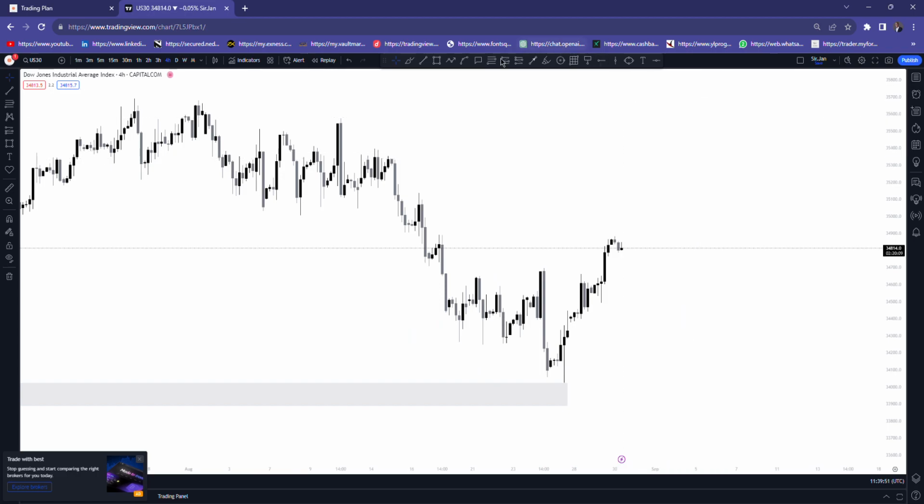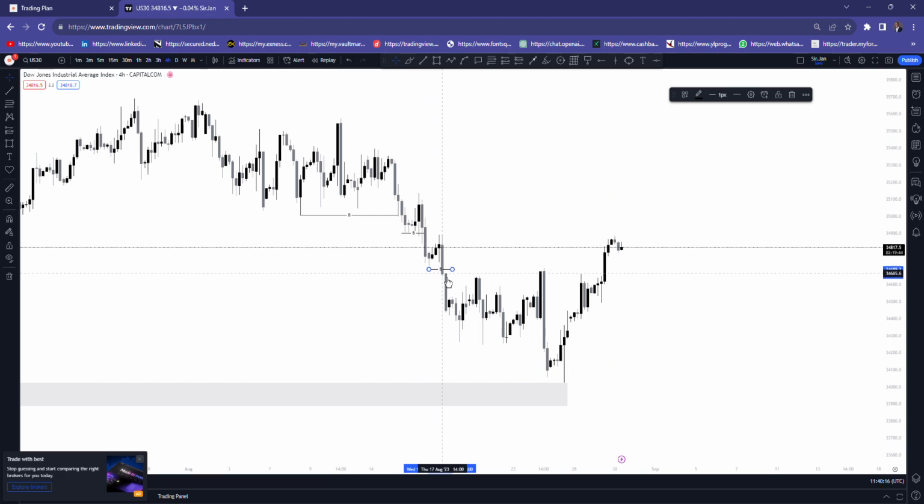Okay. Now with this nice bearish movement, break of structure, we continued with break of structures, they continued happening.